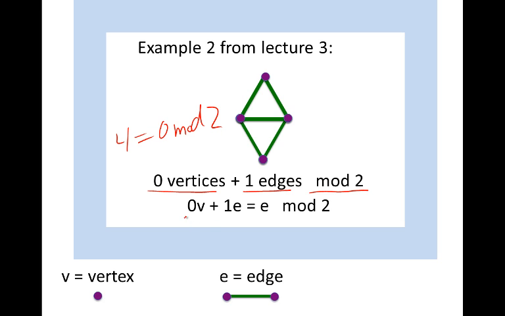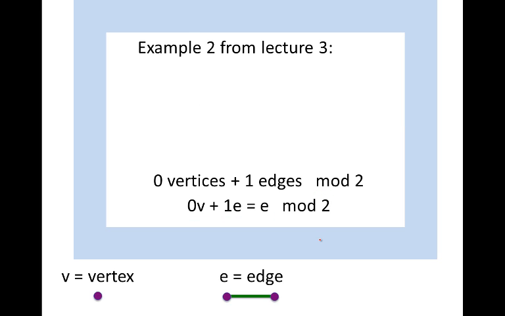So mod 2, I have 0 vertices. And odd numbers are represented by 1 mod 2, so 5 equals 1 mod 2. So mod 2, I just have 1 edge. Thus, 0v plus 1e, or just e, means I have an even number of vertices and an odd number of edges.